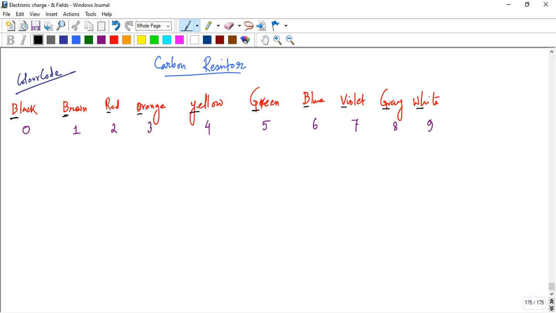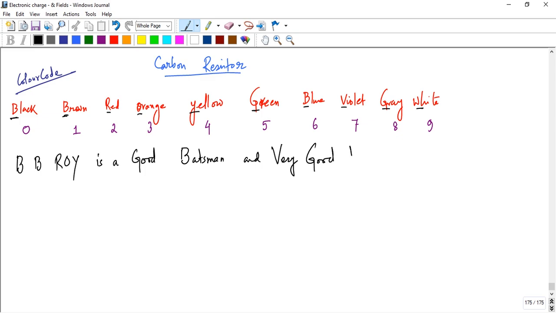This cheat code is BB Roy, BB Roy is a good batsman and very good wicket keeper.